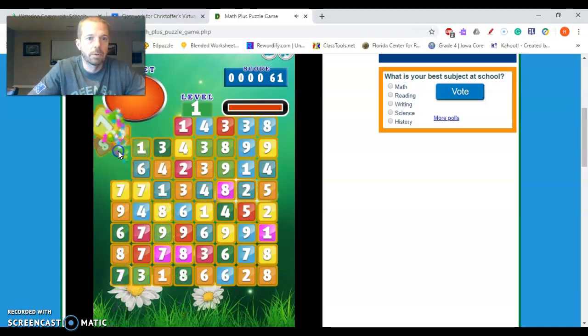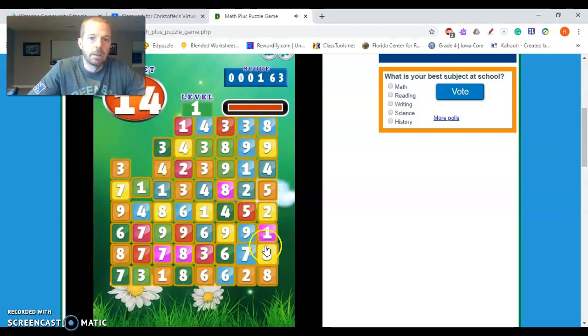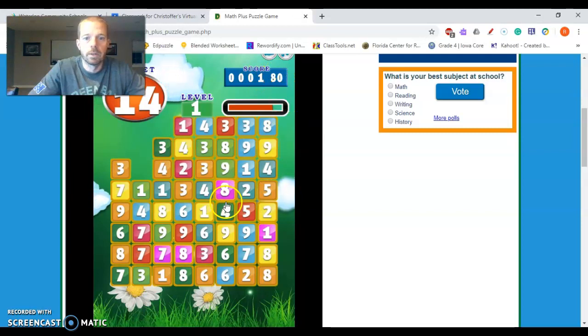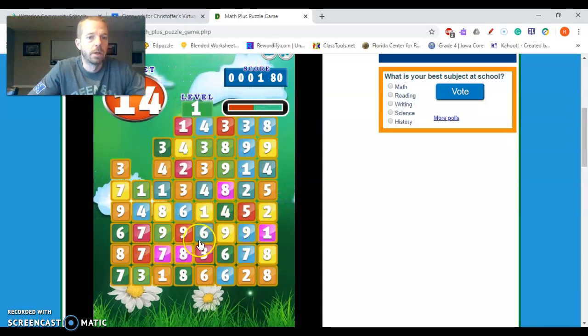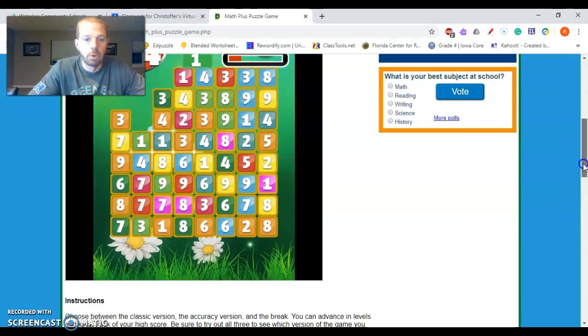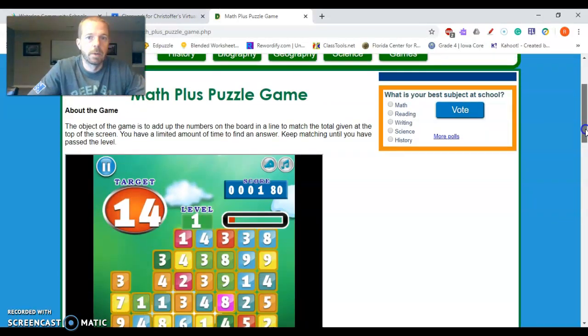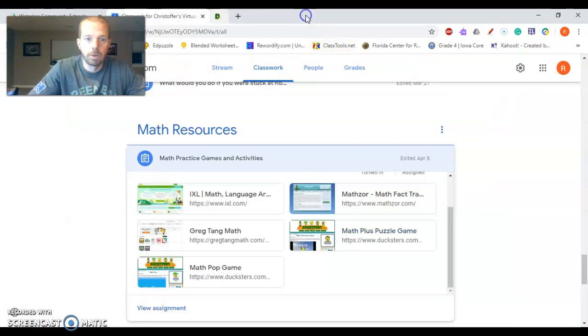I know 7 and 8 make 15. Now I have to make 13. You continue that and score points as you go, and then you'll get to the point where it'll give you a number, and you can either make the number using multiple numbers, so more than 2, or your game will just be over because you can no longer make it. Kind of a fun game.